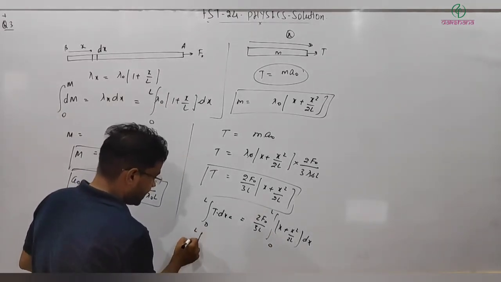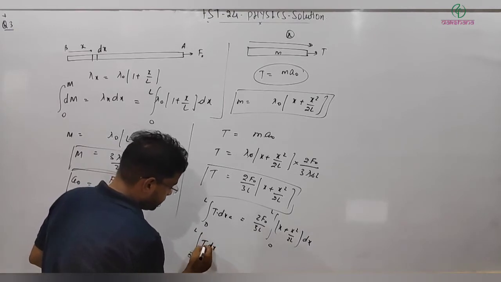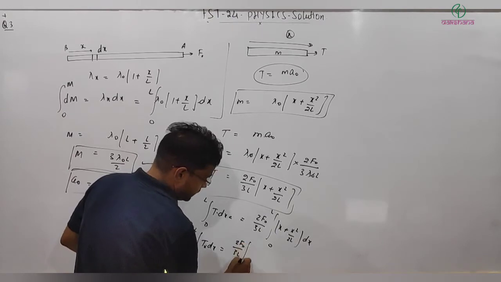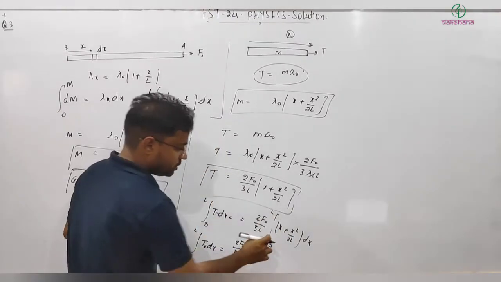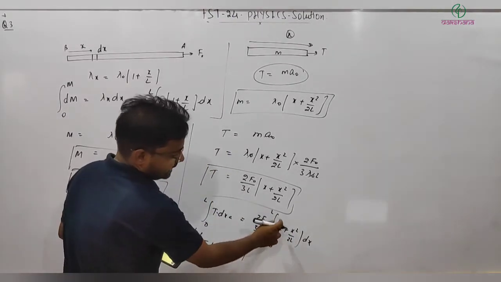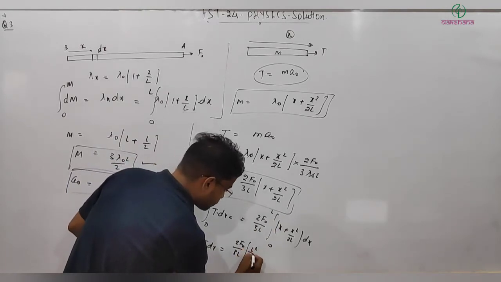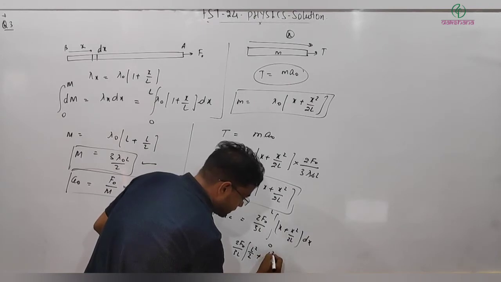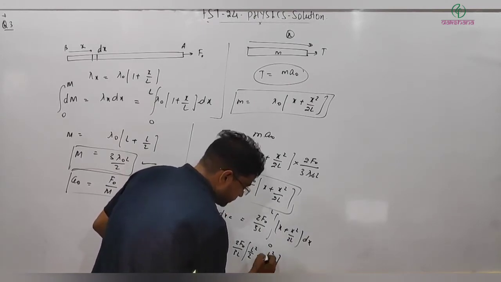This is equal to 2 F naught by 3L, and substituting 0, everything will be 0. This is L, and x square by L gives L square by 2, plus x cube by 3, so it's basically L square by 6, right?